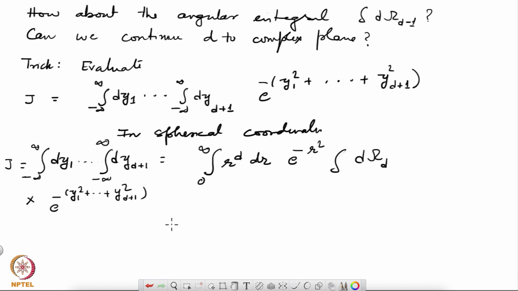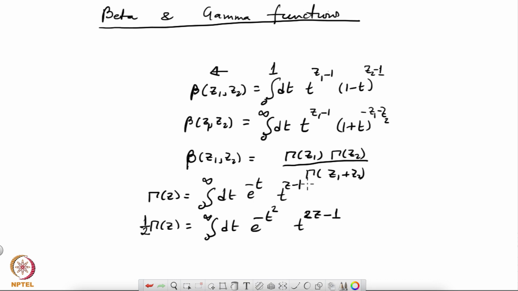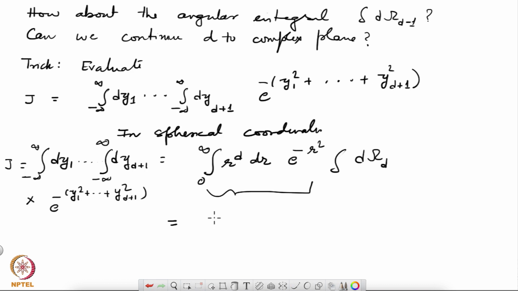Now what is this? This I can evaluate by using the gamma function. You see I have an integral 0 to infinity dt e to the minus t square, t to the 2z minus 1, that is half gamma z. So this gives you half of gamma of d plus 1 over 2.